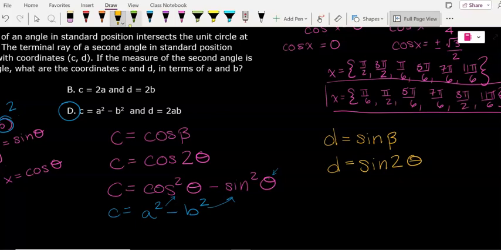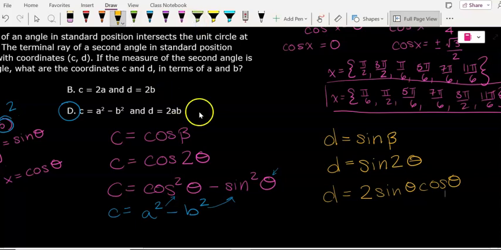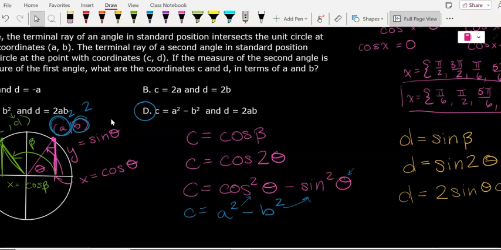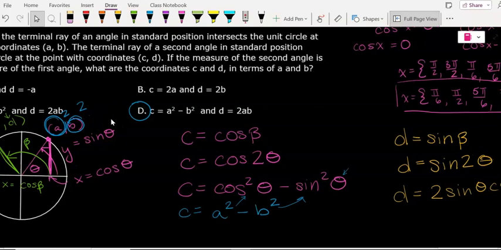I'm taking that original angle and multiplying it by 2 to get my beta. These are equivalent statements right here. Okay, so now I can use my double angle formula that says 2 sine theta cosine theta. And because we already discussed it earlier, we had our x and our y. Well, our x is equal to cosine theta and our y is equal to sine theta.